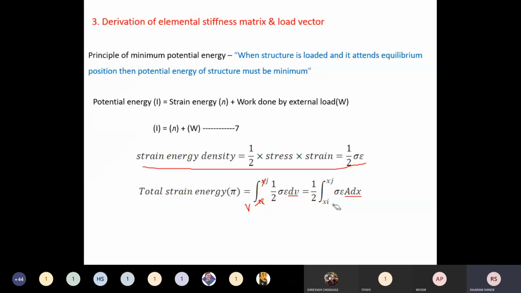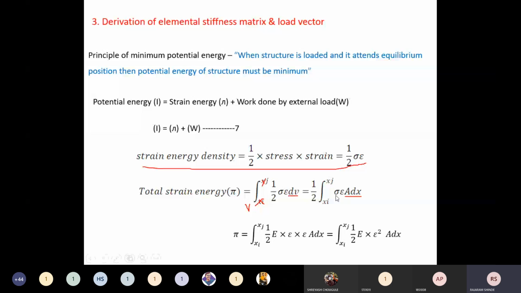That means the lower limit of your integration is xi and the upper limit is xj, because your domain starts from xi and ends at xj. Therefore the limits of integration are xi to xj. Next, I will write stress in terms of the strain.